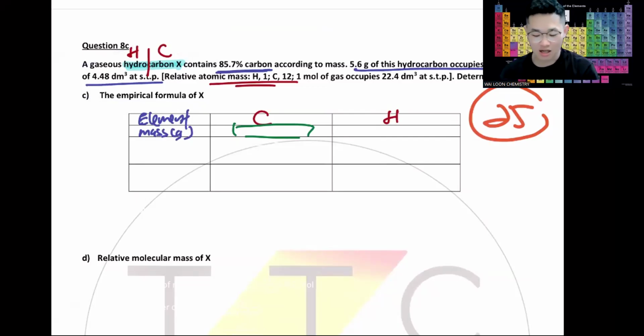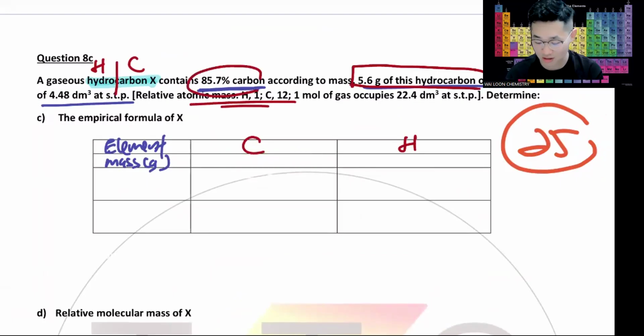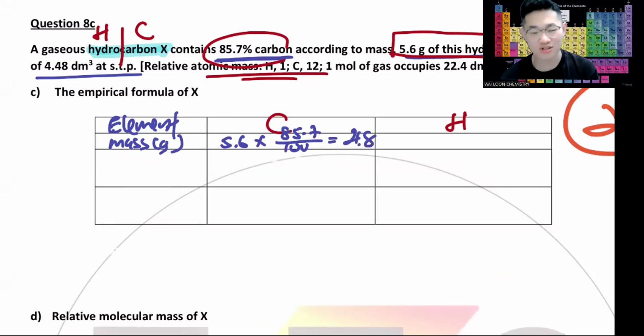Okay guys, when we do empirical formula, yes, I finally see one answer that's the same as mine last time. What I did is, I knew I needed the mass of carbon and hydrogen. So I looked at this hydrocarbon is 5.6 grams, carbon is 85.7%. So I went 5.6 times 85.7 divided by 100 to get the mass, and I got 4.8.